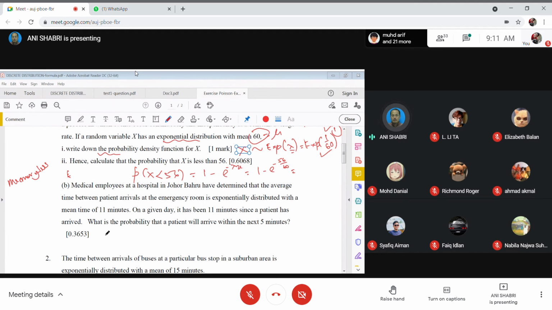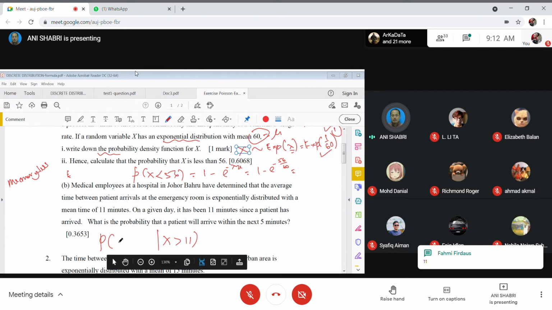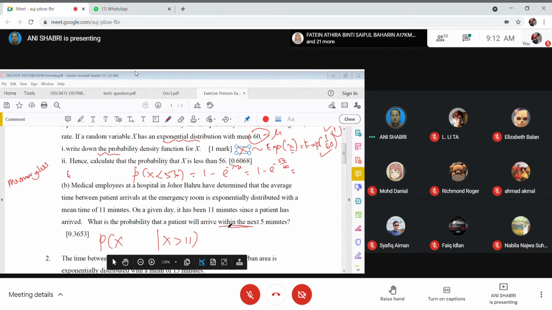Which one has already occurred? X is greater than 11. The keyword here is within the next 5 minutes, so it is less than. You must use less than 11 plus 5.